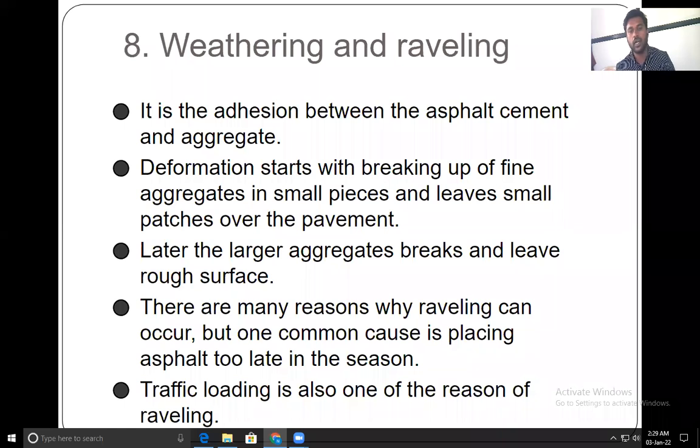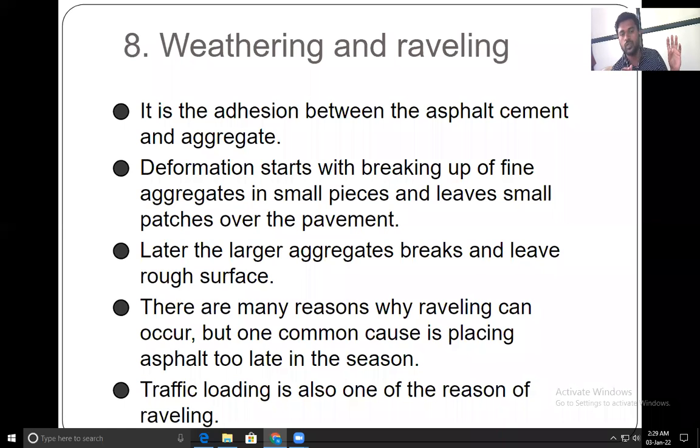Later on, the larger aggregates break and leave a rough surface. First the small fine particles get removed; after that, as the small particles are removed, in time the large particles try to go out from there.